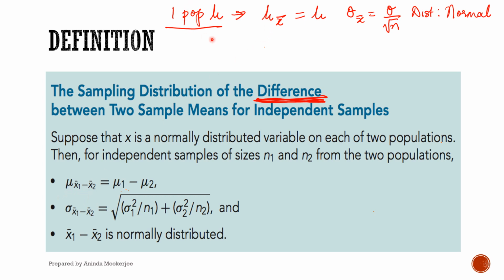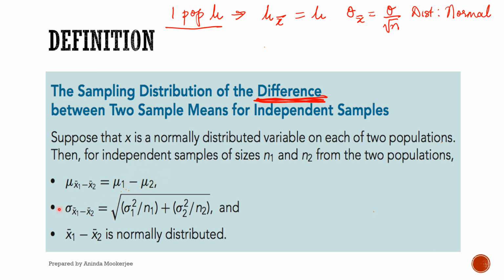When we were working with one population, we just had mu sub x bar. Now that we are working with two sample means, it's the difference between the two sample means, and we write it as mu sub x bar sub 1 minus x bar sub 2, and that will equal the difference between the two population means.